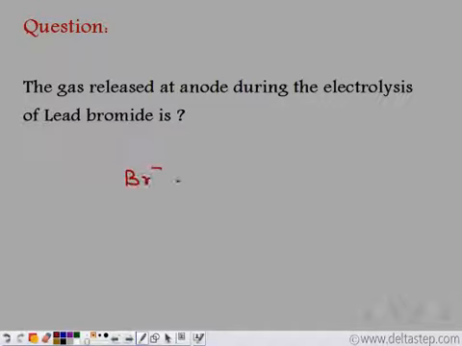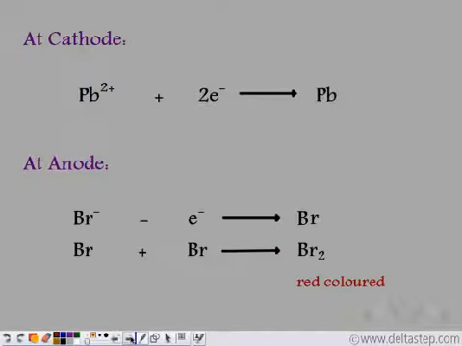It loses one electron and forms bromine atom. One bromine atom is not stable. It combines with another bromine atom to form bromine gas. So the product or the gas formed at anode is bromine gas, which can be seen from the reaction also.